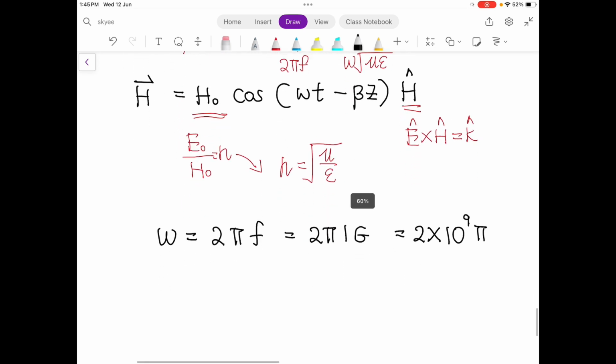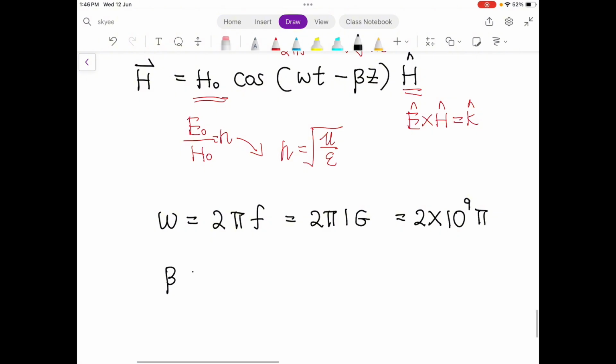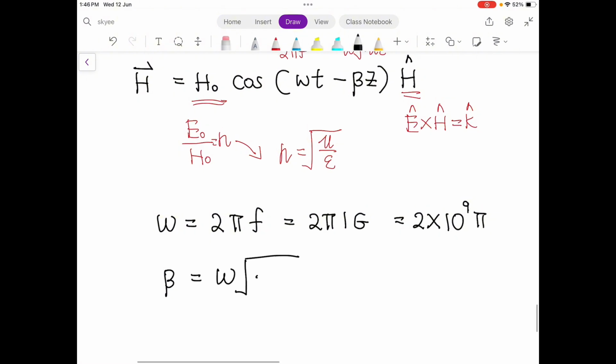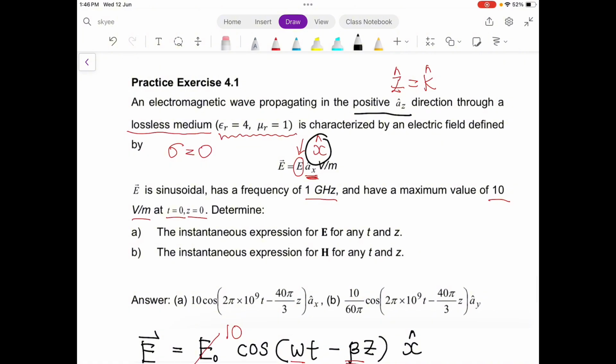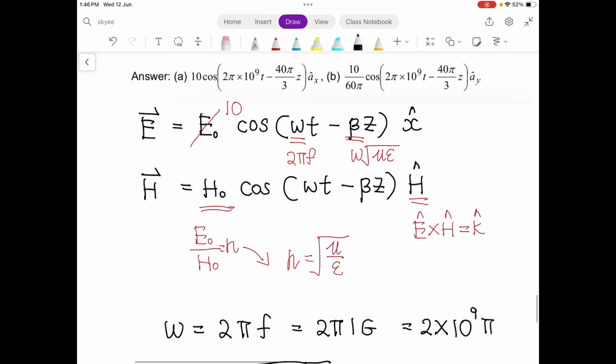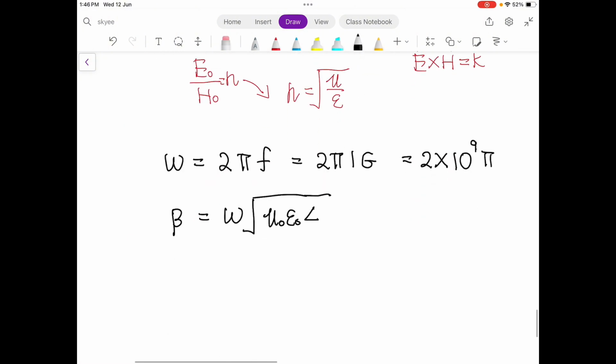Then we have the beta, which will be omega times square root mu naught epsilon naught. Look at the information from the question: it is 4 and 1. So we replace the 4 over here.